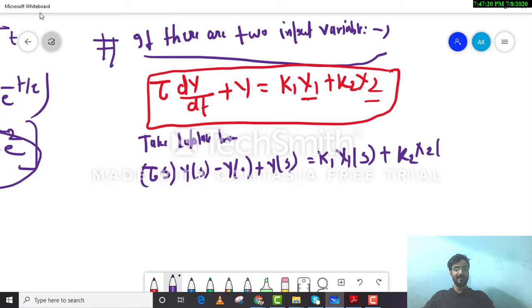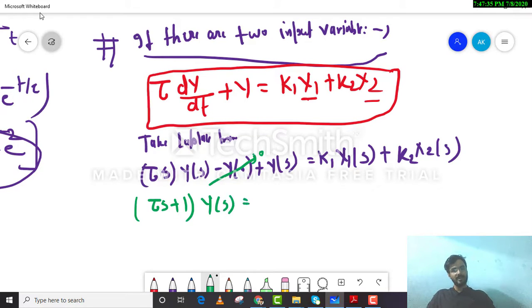After taking Laplace you will get these types of things. Okay, so if you take Y(s) common, y0 will be 0, as there won't be any initial output. So from here tau s plus 1 into Y(s) is equal to k1 X1(s) plus k2 X2(s).